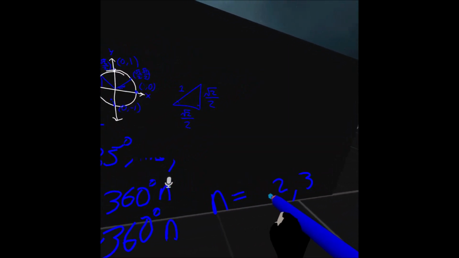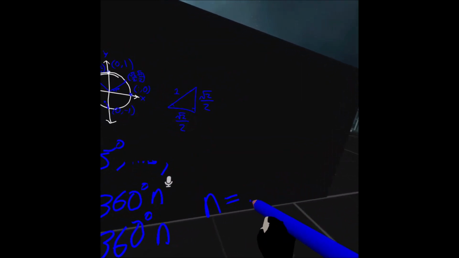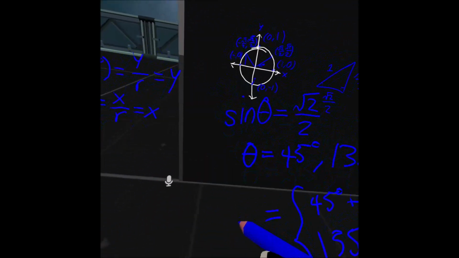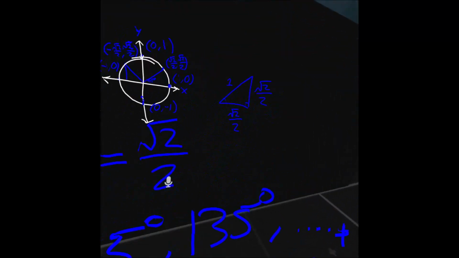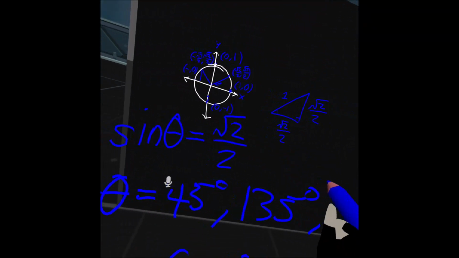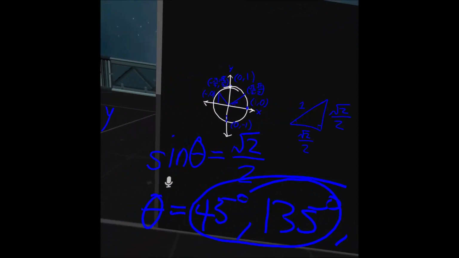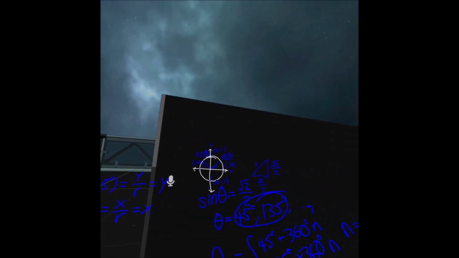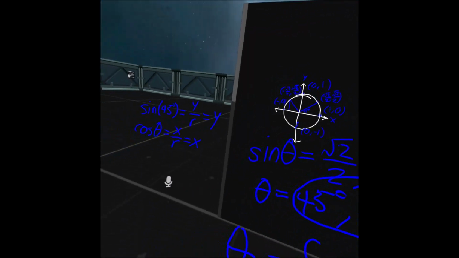It doesn't have to be positive. It could be a negative number too, right? -1, 0, 1, 2, for whatever n. So this is actually the full solution, but usually we'll mainly just take these two solutions, and we're technically good to go.